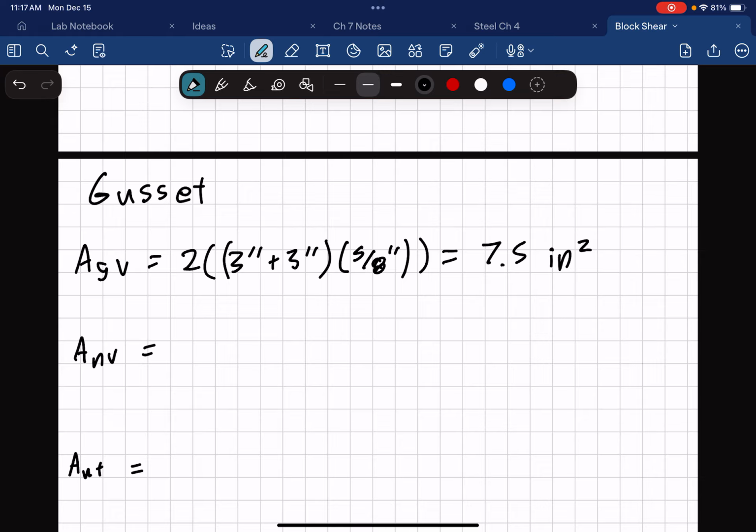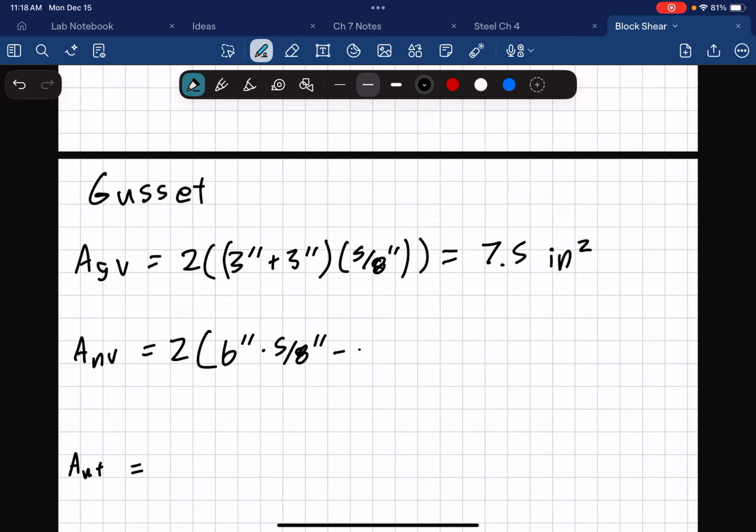Now we can come down here and start doing our net. We have our gross area of shear, we already did it, it's 7.5 inches squared. Well, I actually shouldn't do it like that. We'll do it this way again: 6 inches of connection times 5/8 of an inch, because that's technically the correct way to do this.